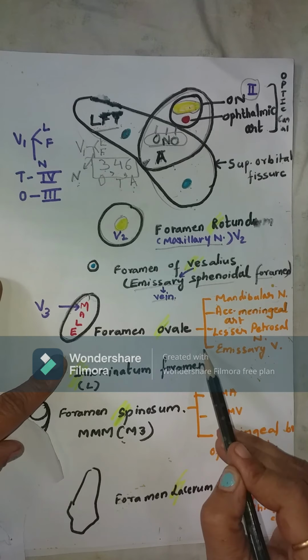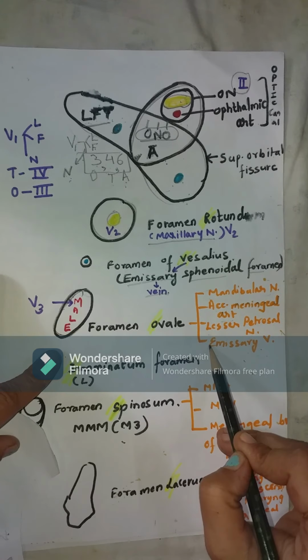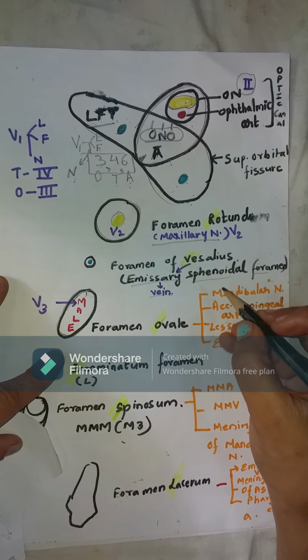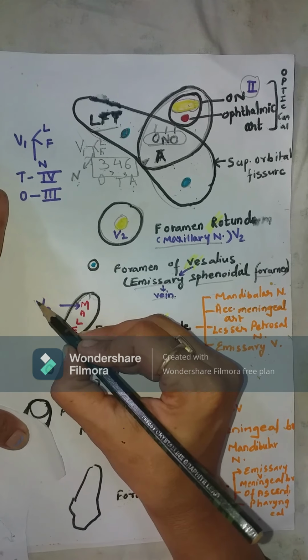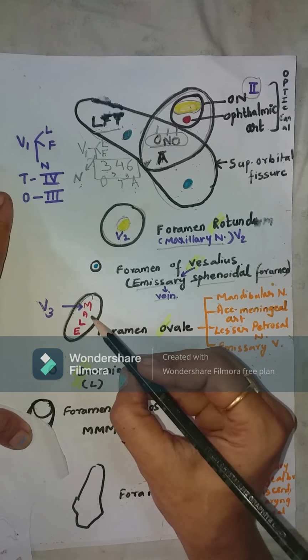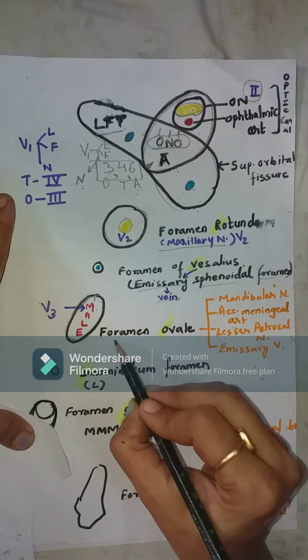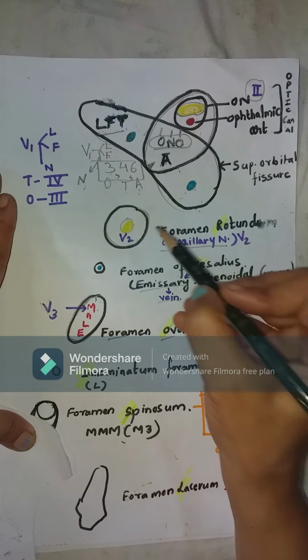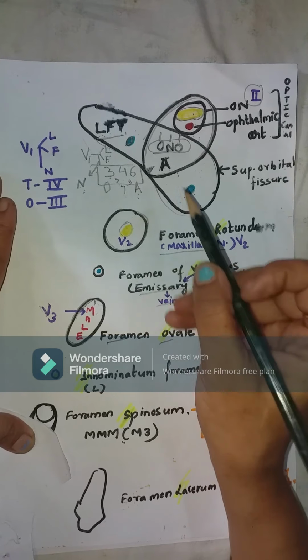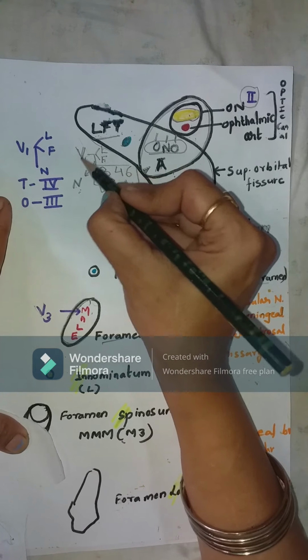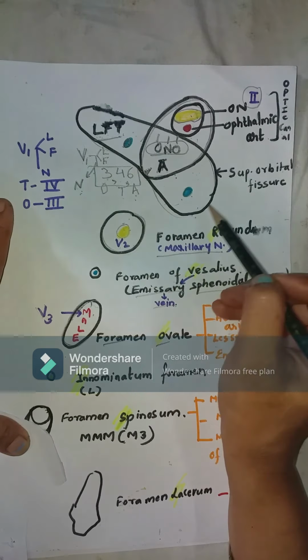This first you will have to learn, but slowly you will understand all these things. Remember that the third division, V3, of the fifth cranial nerve passes through foramen ovale. The second division passes through foramen rotundum, and the first division, V1, passes through the superior orbital fissure.